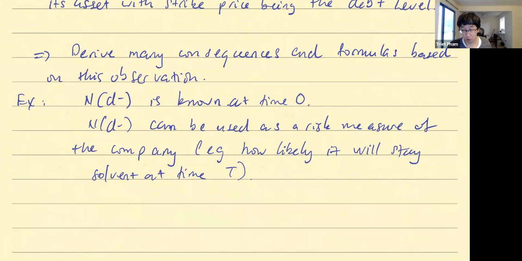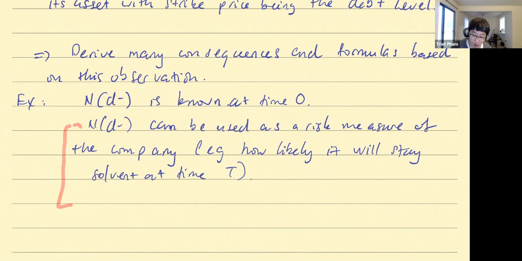We live in our world, which is the physical world. So even though this computes a number, what use can it be for us who don't live in a risk neutral world?